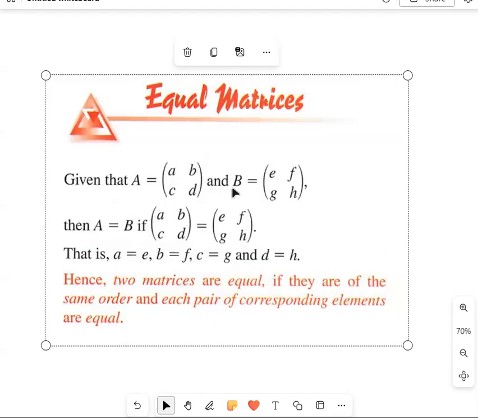So when two matrices are equal, their corresponding elements are equal. That's what this means, right? Let's do an example. I'll set all of this in some notes to you. I'll extract it from the textbook instead.